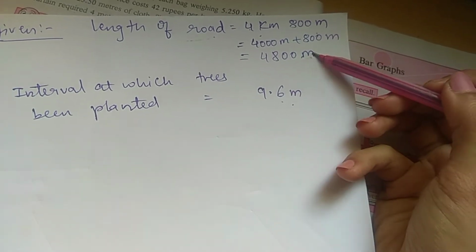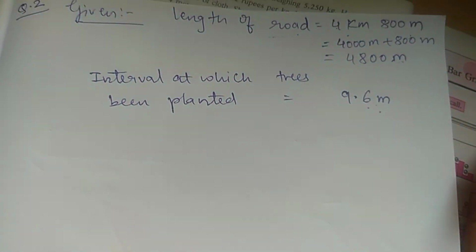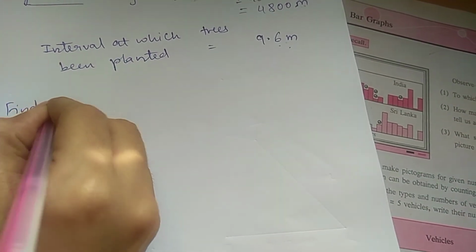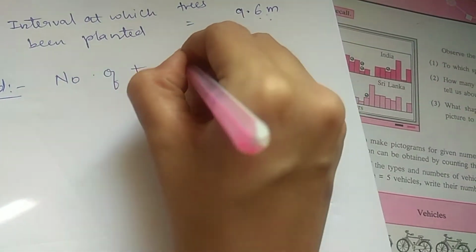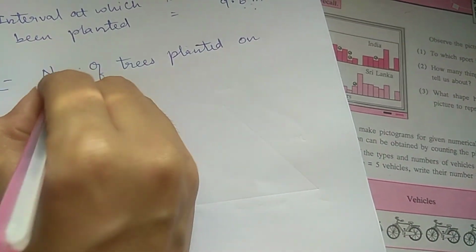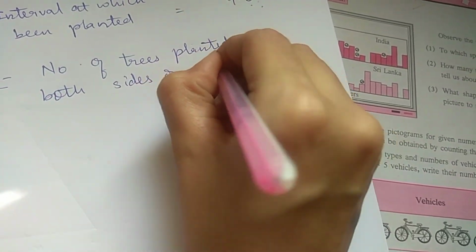Now we have converted, and the units are the same, so we can carry out the operation. What we have to find is the number of trees planted on both sides of the road.